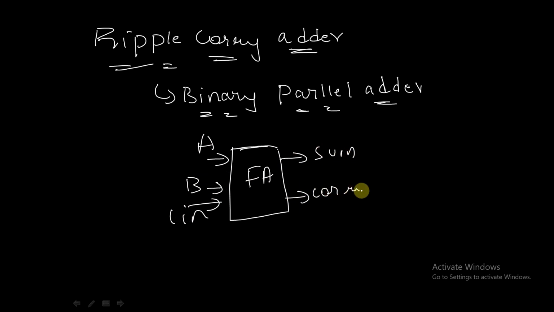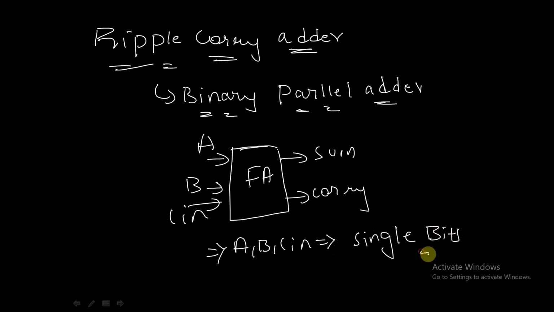The addition operation is happening between only single binary values. So if you want to add multiple binary bits, we are going to choose the ripple carry adder or carry look ahead adder, where we have more than one bit.